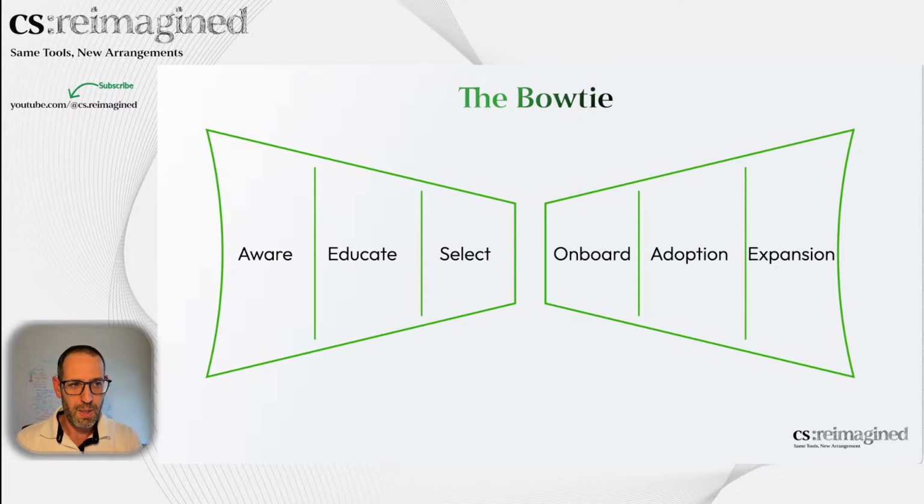And when we look at aware, educate and select, we're looking at marketing and sales. When we look at lead generation, we want to make sure that it's working through an ICP. Do we know exactly who we approach and what we actually offer? Because when it moves from select to onboard, it's no longer the promised land. It's no longer the promise of things.